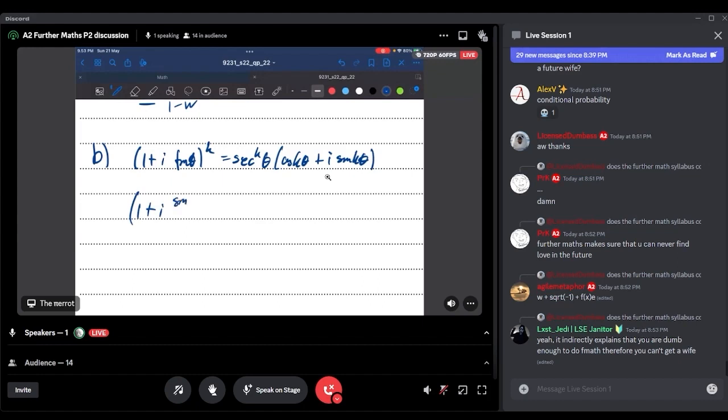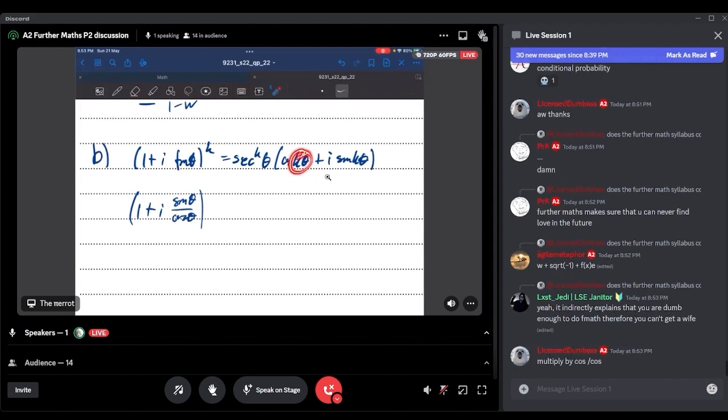That means we have to use De Moivre's theorem at some point. And how do you use De Moivre's theorem? If you have this cosine theta here, to get this cosine theta, that means you have to factor out the cosine theta outside of this bracket. So that's where you get the secant theta to the power k. So now you have cosine theta plus i sine theta to the power k.